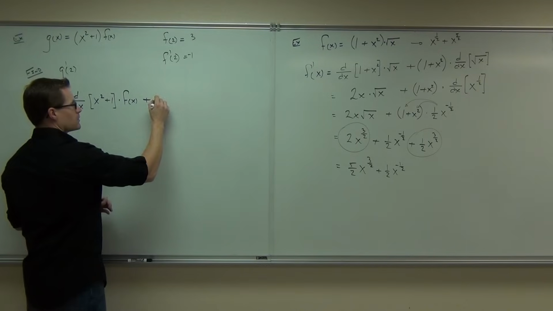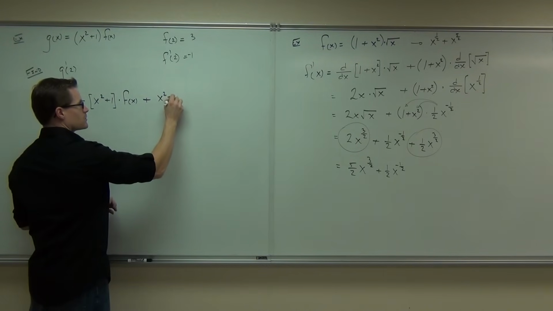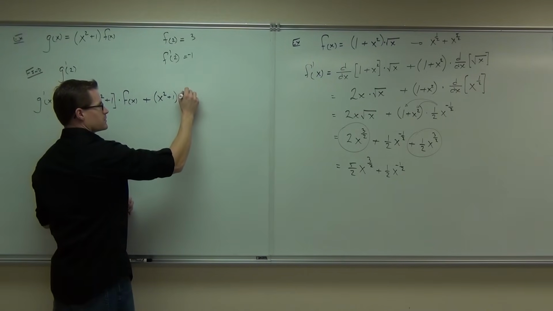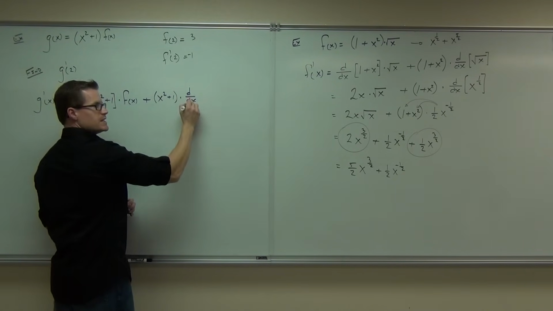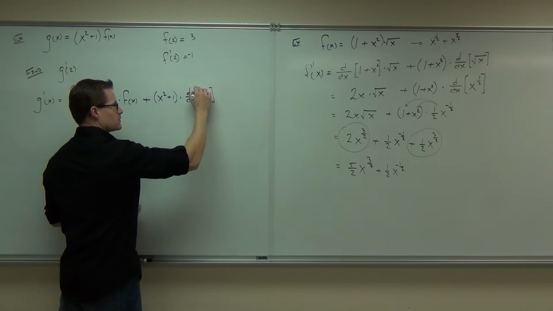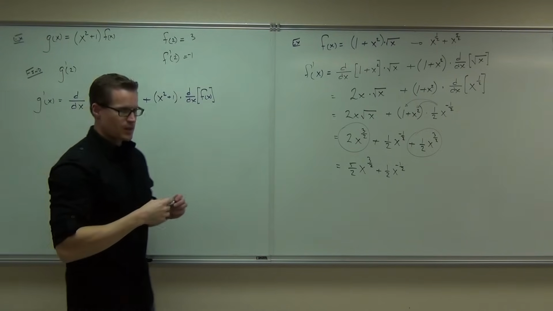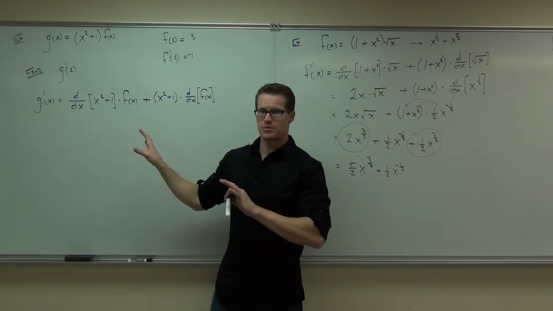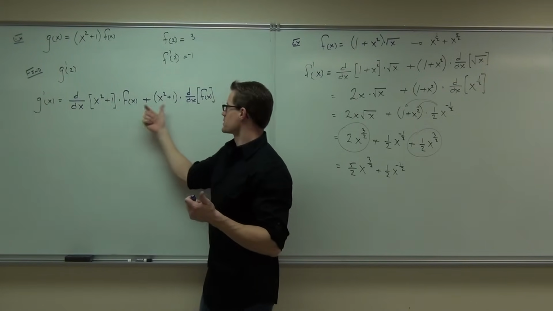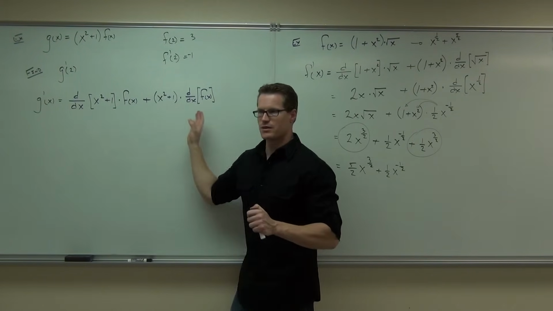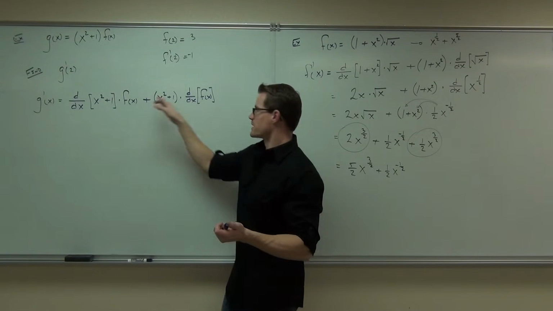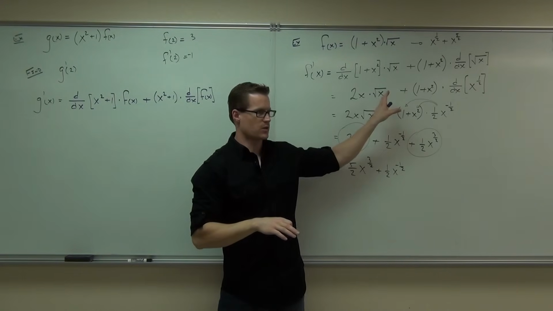Plus the first times the derivative of the second. If you want to use d dx, you can. Would you agree that that is, in fact, the product rule for this problem? Derivative of the first, yep, times the second, okay, plus the first, got it, times the derivative of the second. I don't care that the function's not listed. It's f of x, so whatever that happens to be, that's what would go here, and that's what would go here, just like in our other examples. You with me on that?